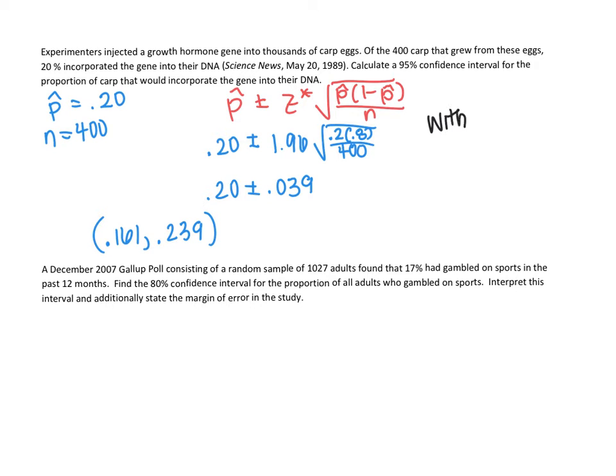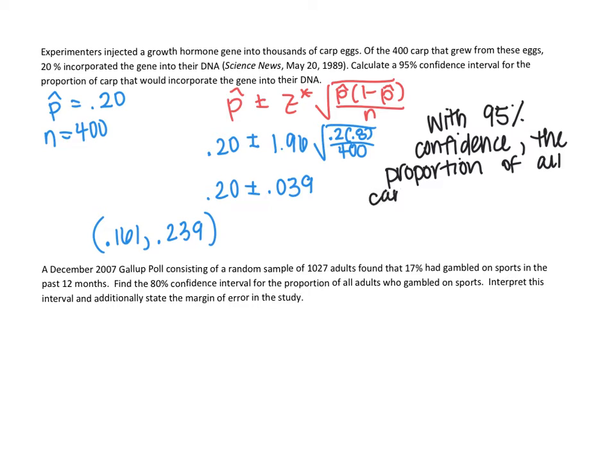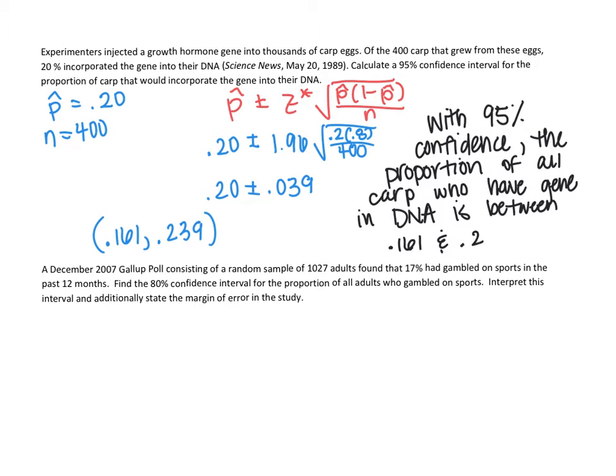Okay. And lastly, I just want to explain what our confidence interval means. So with 95% confidence, the proportion of all carp who have the gene in their DNA is between 0.161 and 0.239.